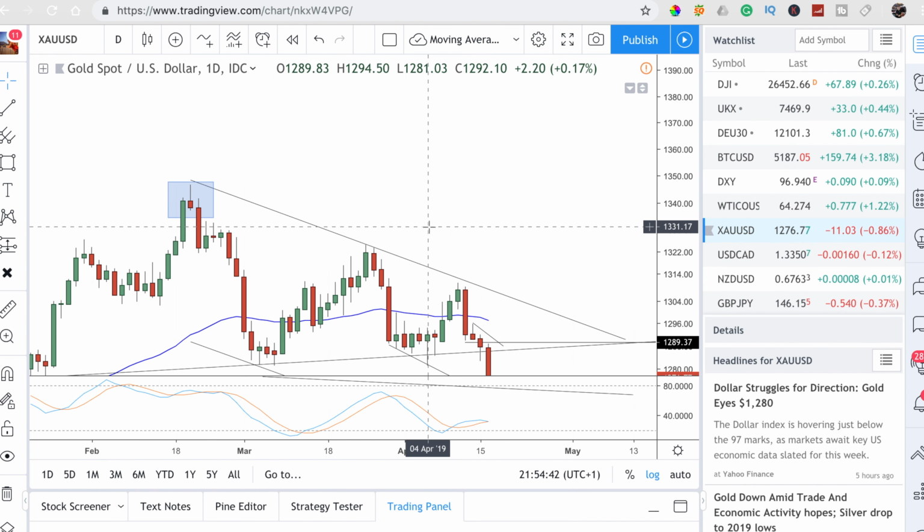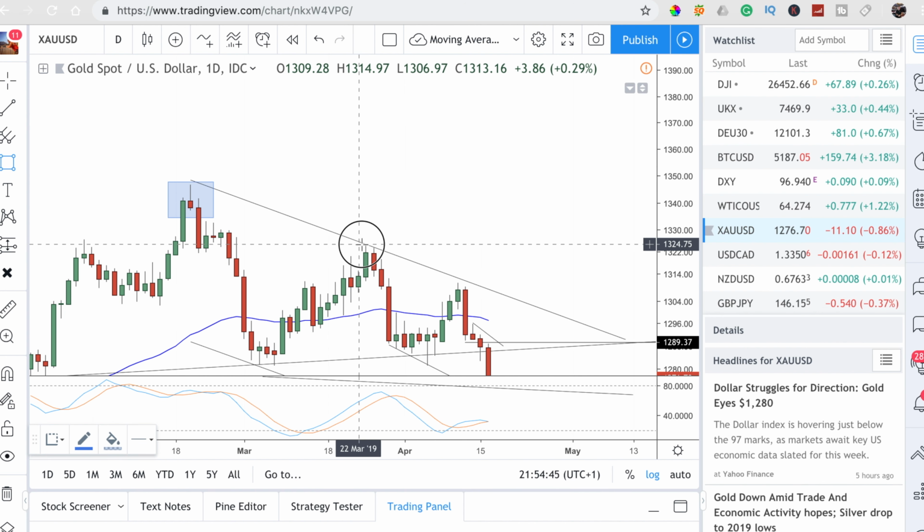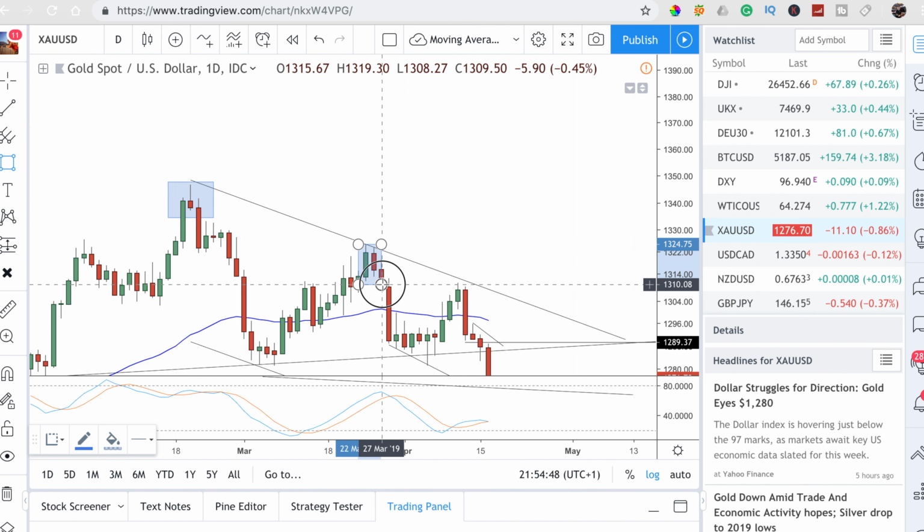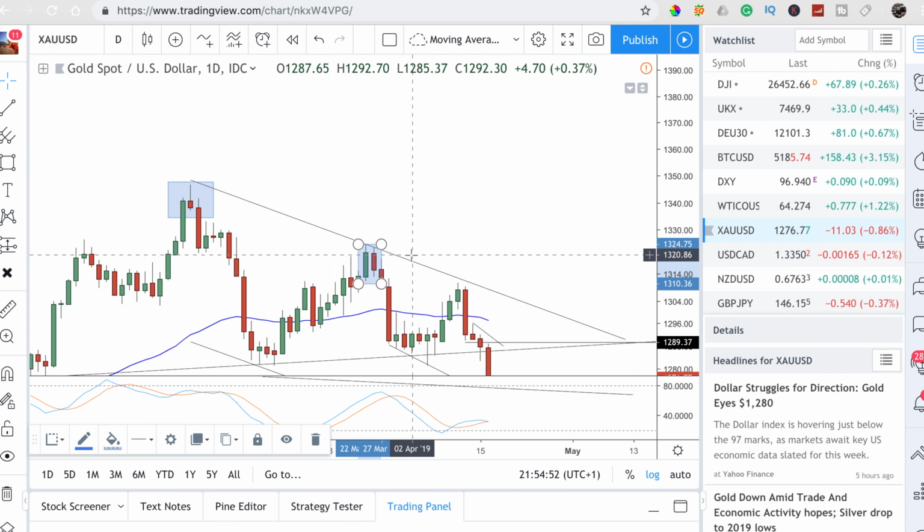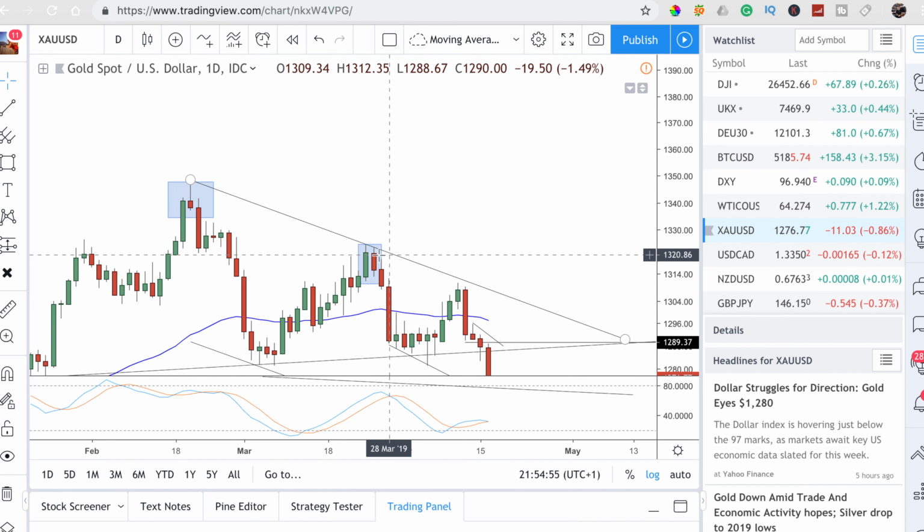So another formation that I actually didn't speak about, which I should have, is an inside bar. You can see here it's the opposite of an engulfing candle. Instead of the candle engulfing it, it actually sits inside it.